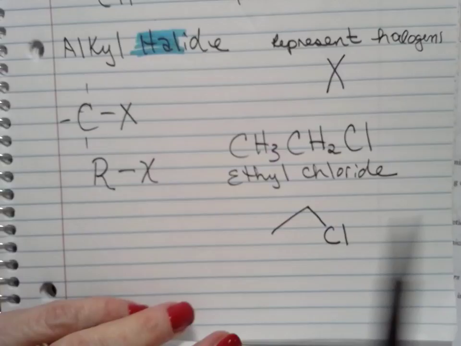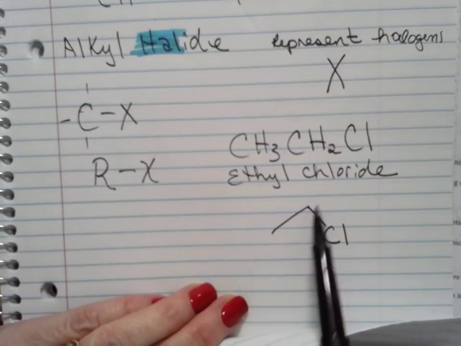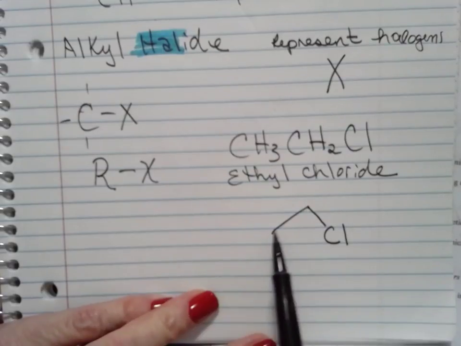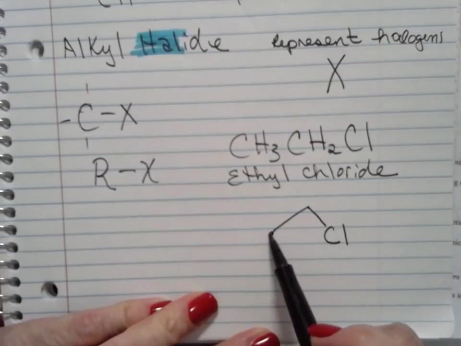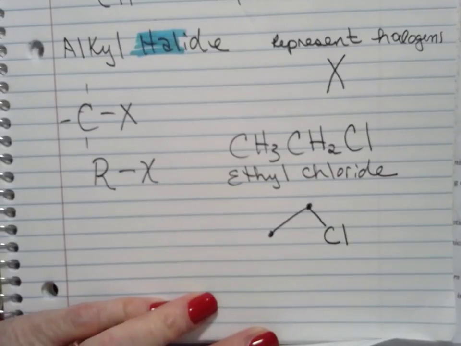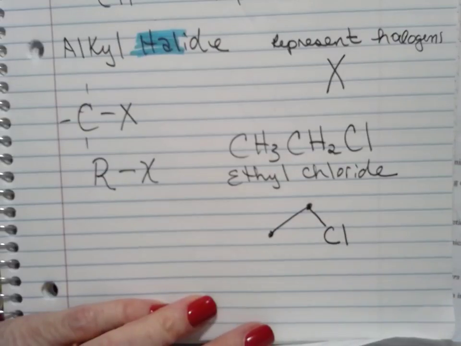Remember, each end of the line segment is a carbon. So we got a carbon here, we got a carbon here. It could be very easy to mistake the end of this line segment for a carbon. Do you understand what I'm saying? Not making a carbon, you're trying to show us.